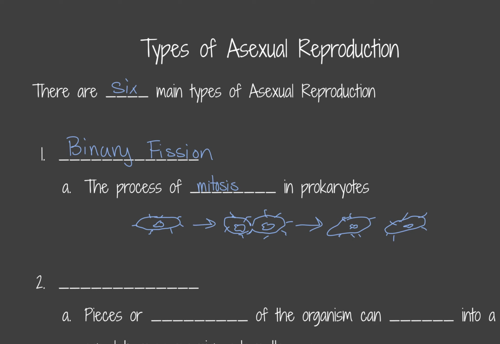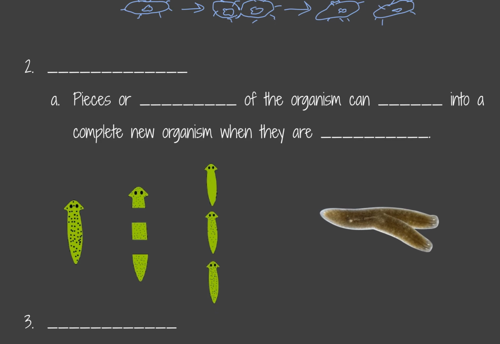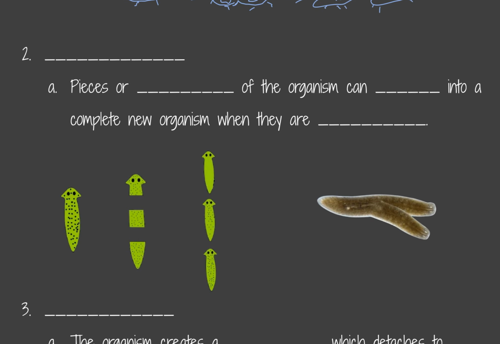The second type of asexual reproduction is something called fragmentation.